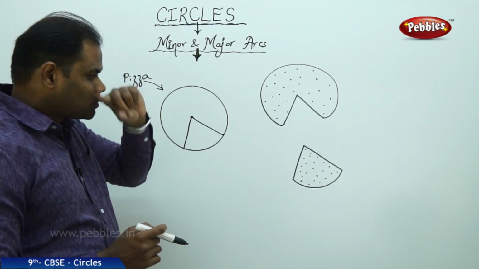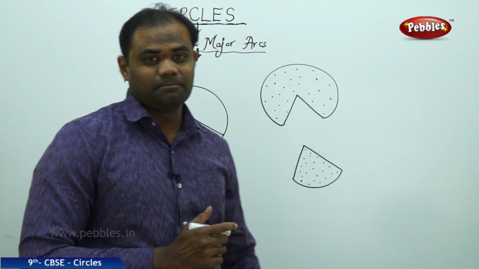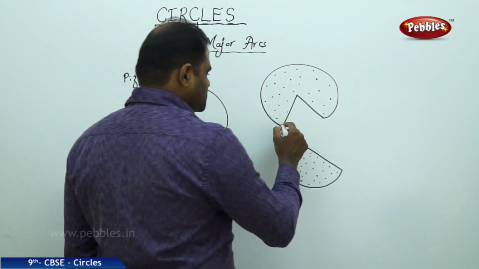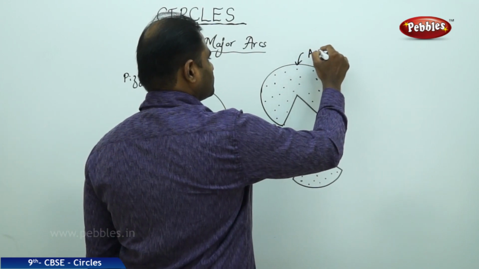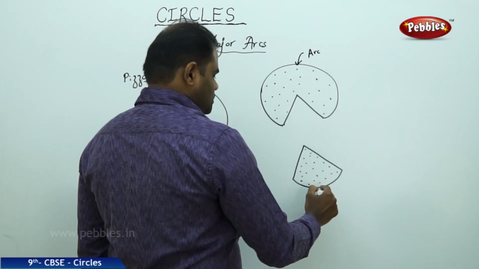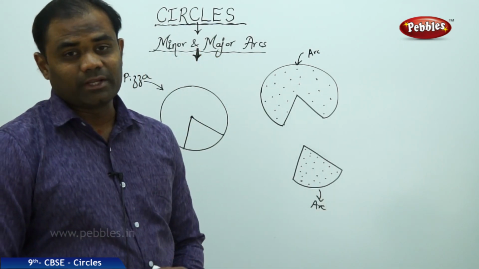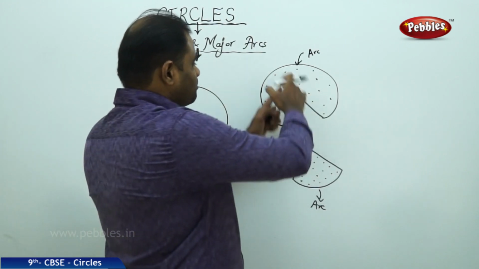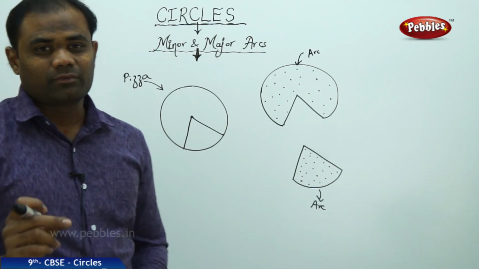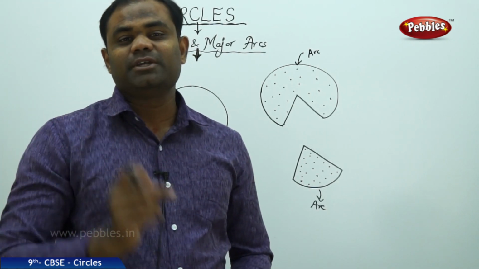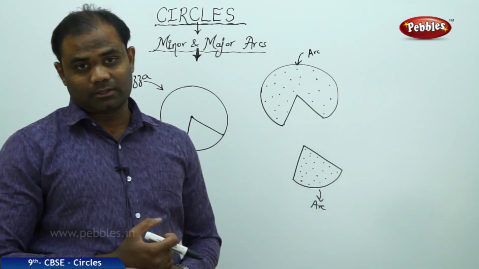Now as I see these two slices of pizza, what is it that I observe is the biggest question out here. So clearly I see that this pizza has a very big length of the arc. This is also an arc, but these two arcs have a wide difference. That is, this is bigger in size and this is smaller in size. Therefore, any arc which is bigger in size is called major arc, and the arc which is smaller in size is called minor arc.